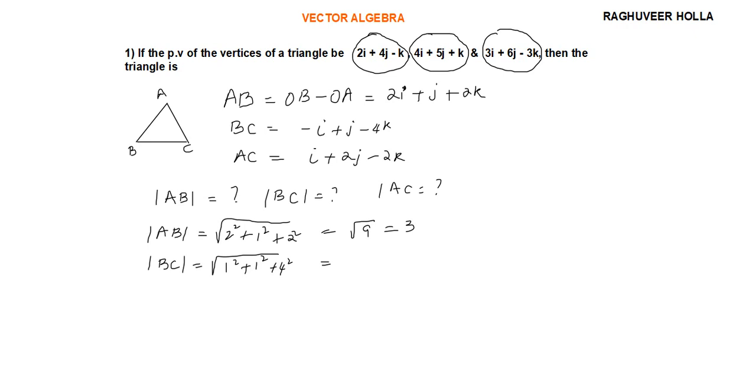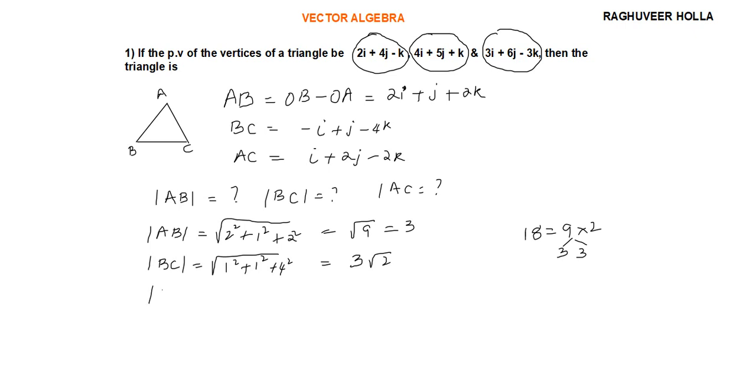So 18 we can write as 3 root 2, because 18 is 9 into 2, and I have split 9 as 3 into 3. Okay, now we got this.